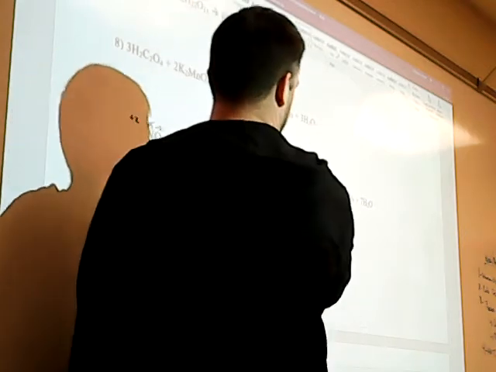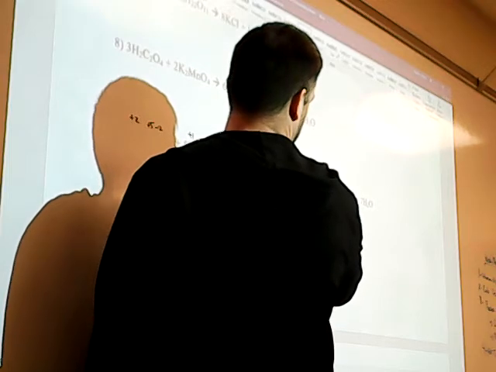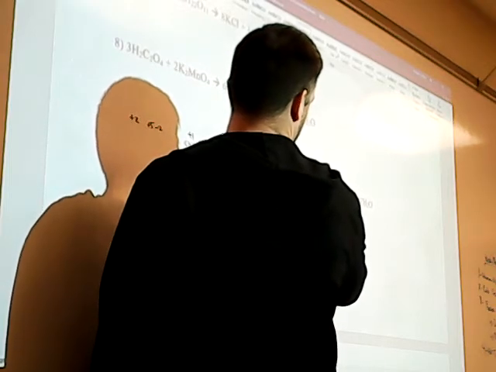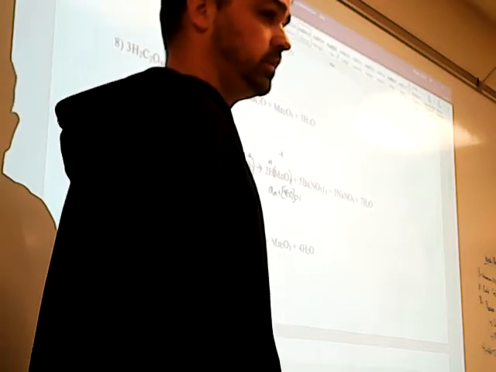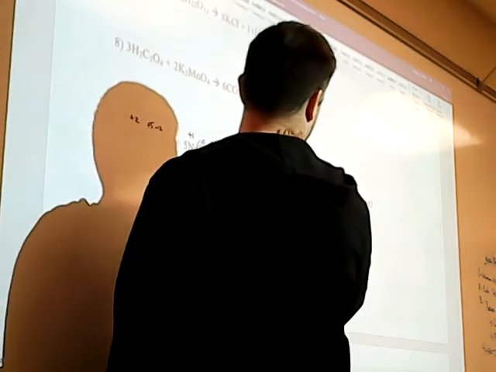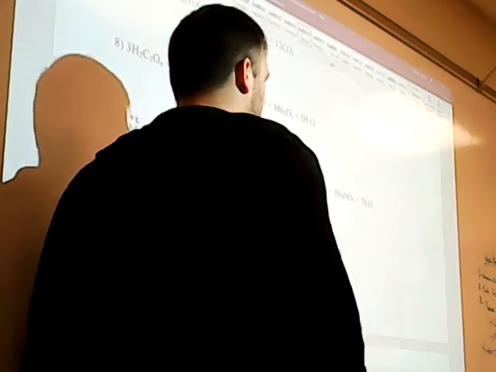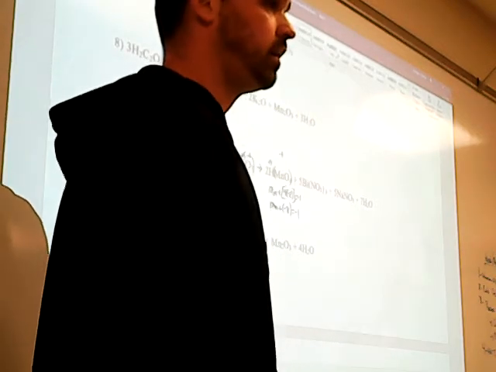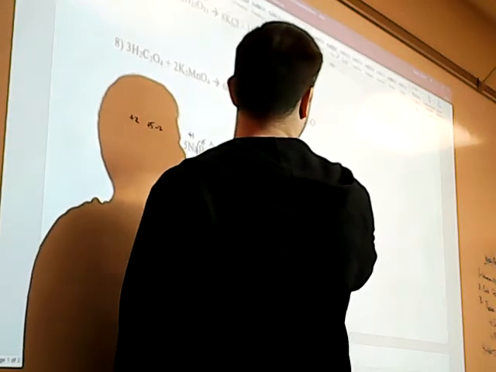When I do the math, manganese plus 4 oxygens has to equal negative 1. Correct? So manganese plus negative 8 has to equal negative 1. What does manganese need to be? Positive 7. Oxygen is minus 2.